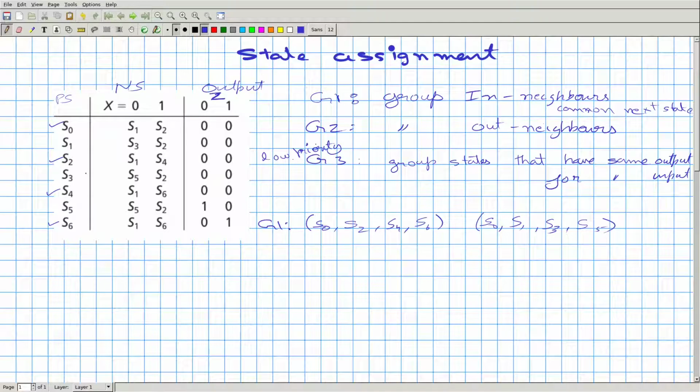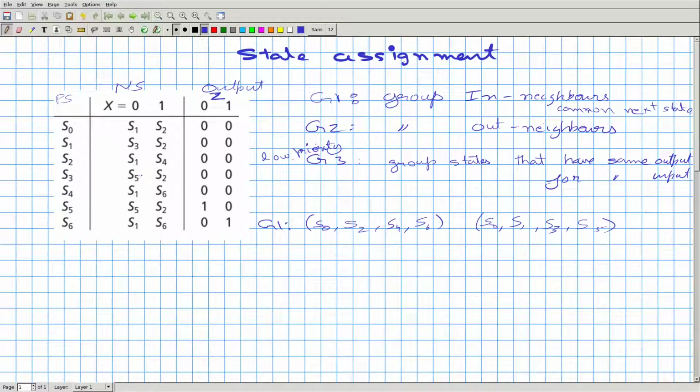And then we move on to S3. What is S3 the next state of? S3 can be found here and no one else. So S3 doesn't have more than one incoming neighbor. So S3 doesn't lead to any new groups. Then we look for S4. S4 is here and nowhere else. S4 doesn't have any new incoming neighbors. So we look for S5.